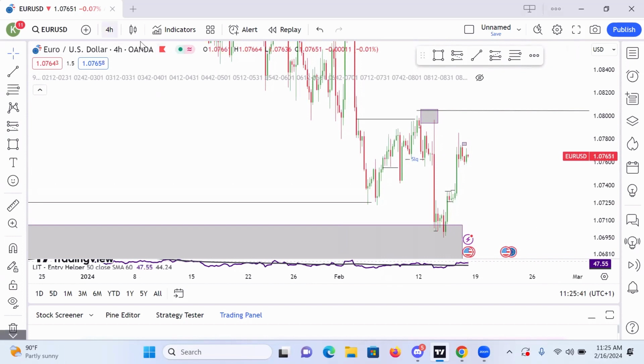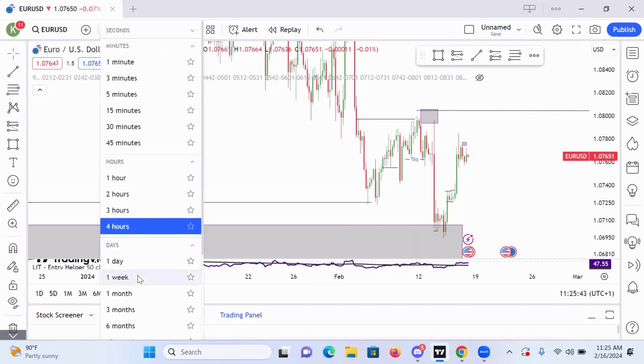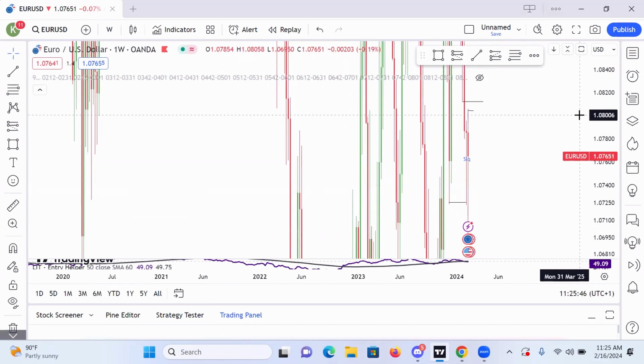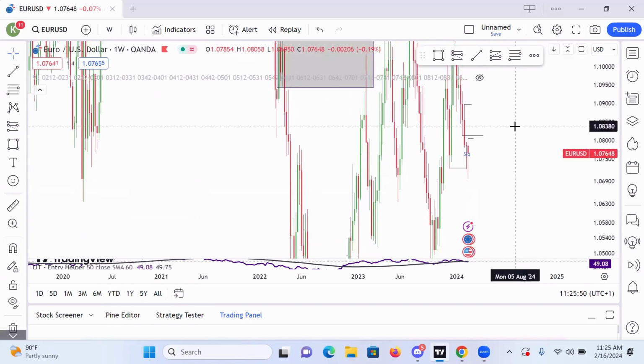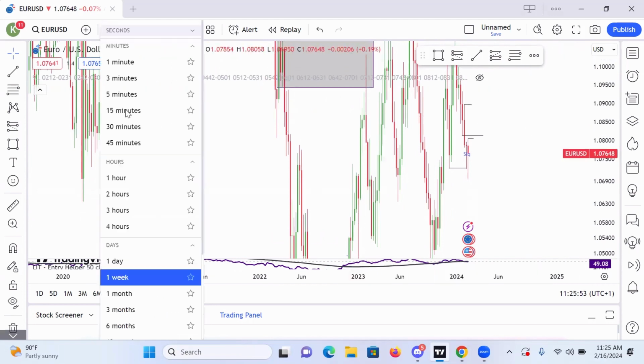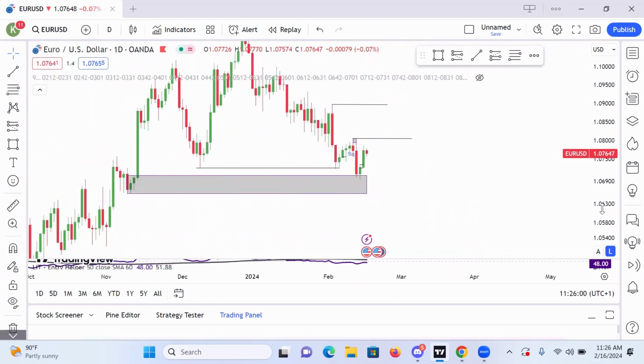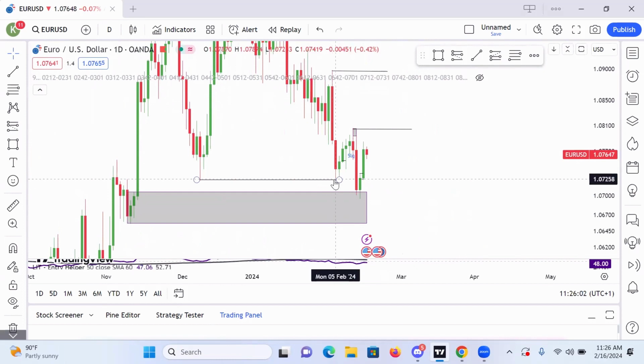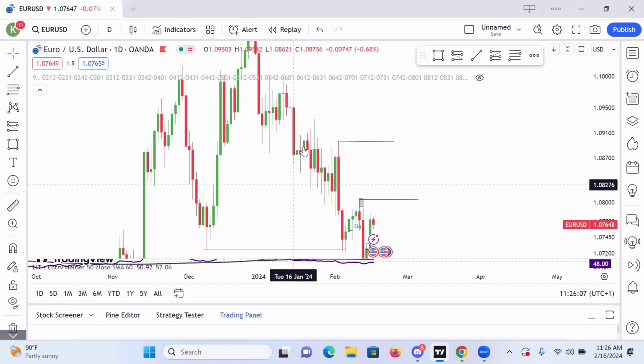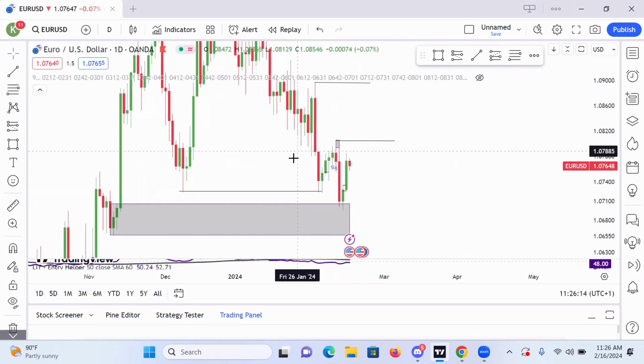From my own view, I think I marked something here. For me, we are in daily EPA, right? This was the last buy to sell inducement, buy to sell, buy to sell, and they're all connected.